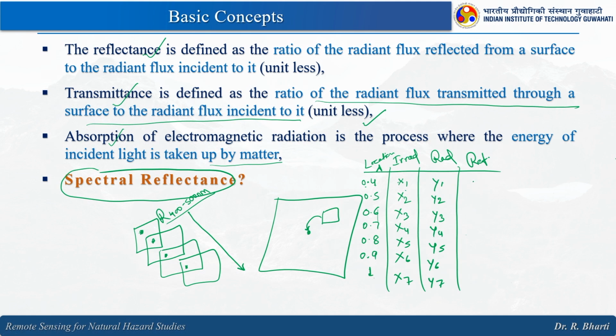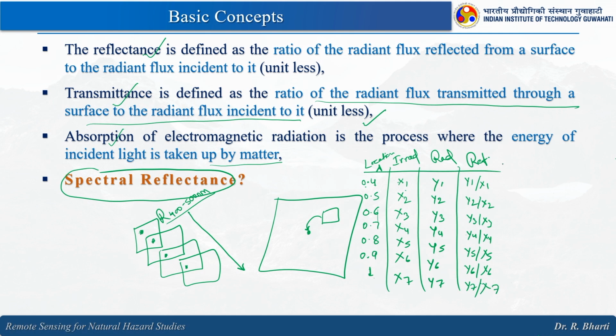Now, if I have to calculate the reflectance, it will be radiance by irradiance. So, y1 divided by x1, y2 divided by x2, y3 divided by x3, y4 divided by x4, y5 divided by x5, y6 divided by x6, y7 divided by x7, right.